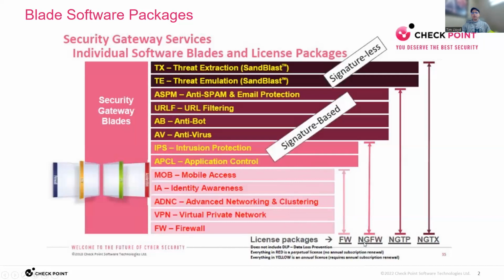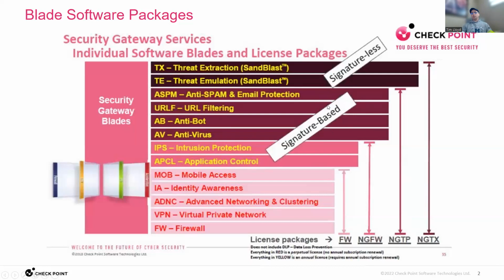And then as we progress to what we call next gen firewall, NGFW, that is where IPS comes into play. So if you want to run IPS at a bare minimum, you need NGFW, and that also comes with application control. If you want deeper threat prevention, which we highly recommend, then you would be looking at NGTP, which includes these blades here in the darker kind of purple area.